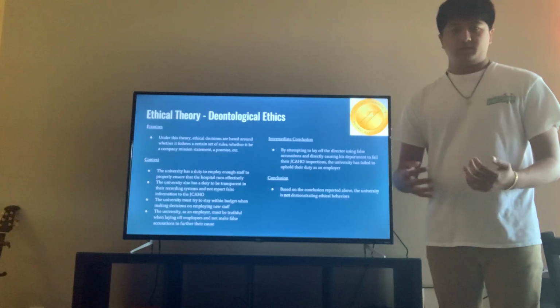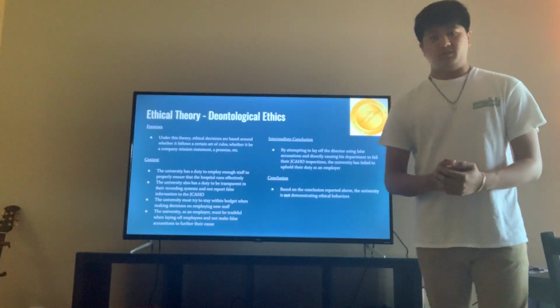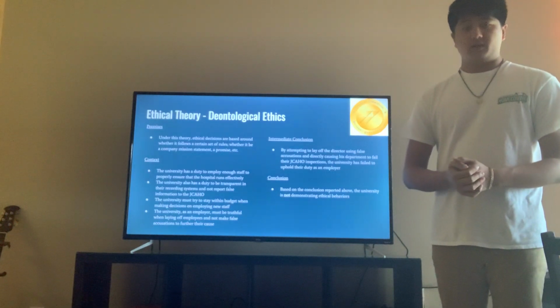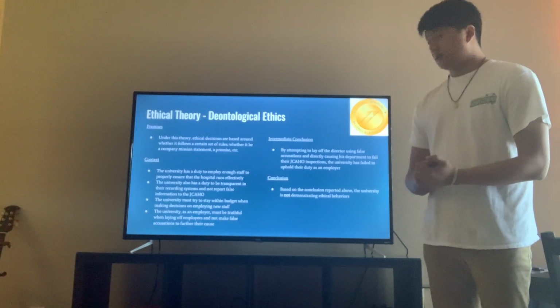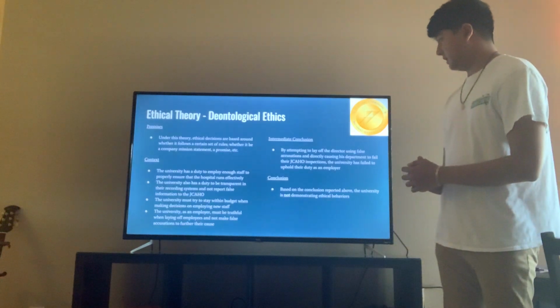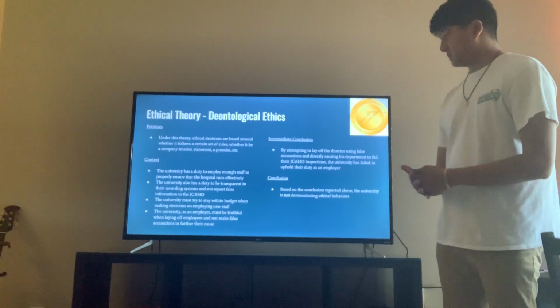The context of the situation revolves around the fact that the university has a duty to employ enough staff to make sure that the director can properly do his job. They also have a duty to be transparent in the medical records that they send to JCAHO, and they can't falsify information, or else that would be unethical and against the rules.